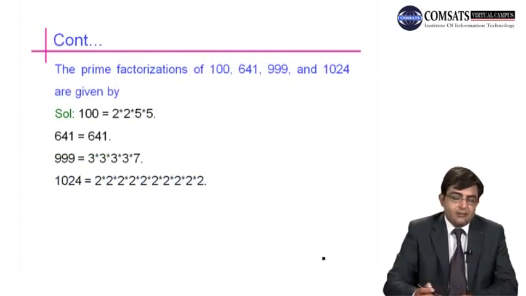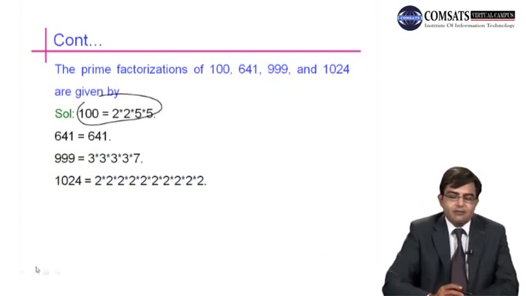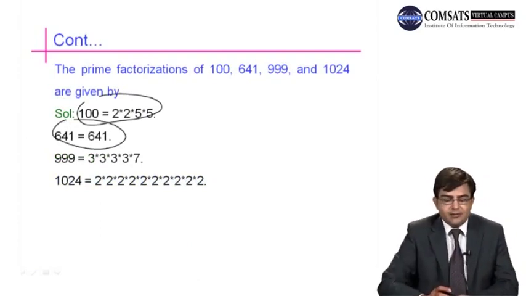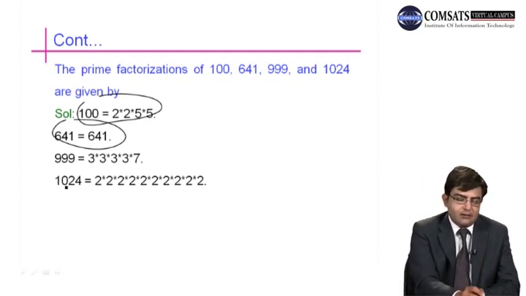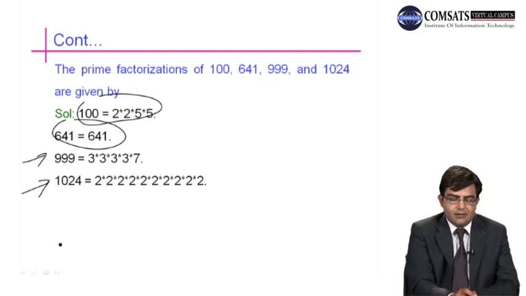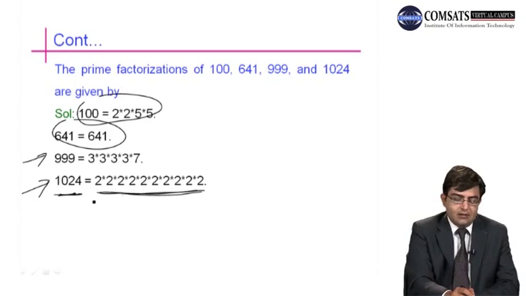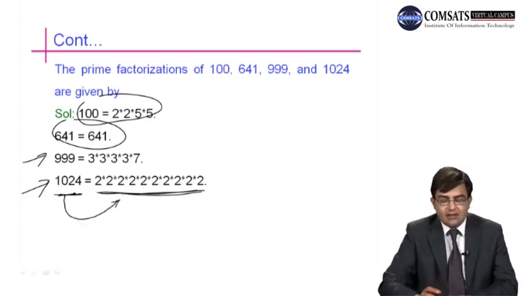We take some other examples. The expression of 100. 641 is a prime number, so the only expression which can be given for 641 is 641 itself, and this number 24. This is the unique expression as a product of prime numbers in which this number can be expressed.